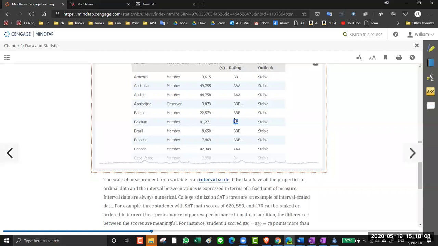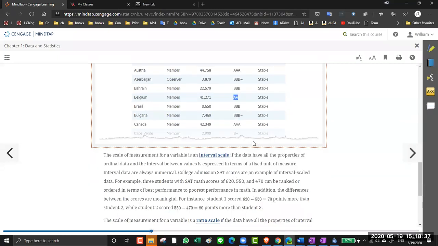Does that question make much sense? Not really. I mean, you could say it has an extra A, but that's not really a meaningful thing to say. We can't talk about the difference between ratings. We can say which one is better, but we can't subtract ratings.